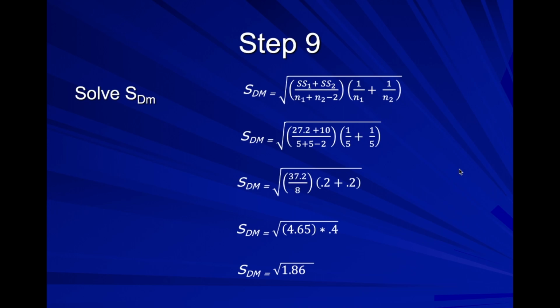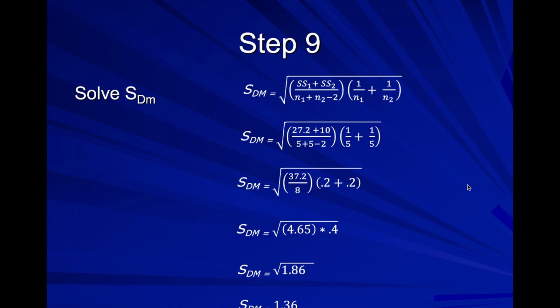You come down to the square root of 1.86, which gives the final answer of 1.36. So for the standard error for the difference of the means, SDM, the answer is 1.36.